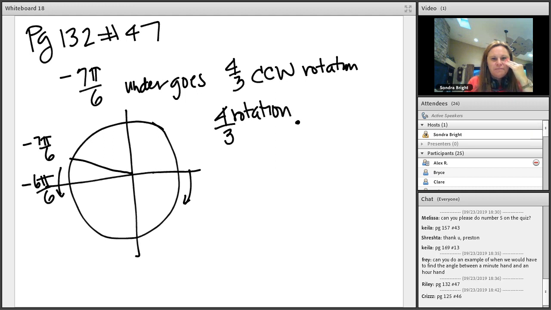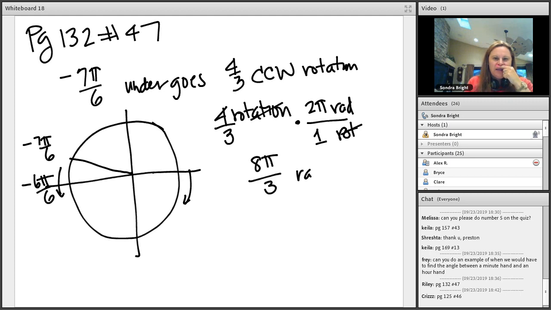All right, so now I'm going this way, and I want to convert 4/3 of a rotation to radians. In one rotation, that's 2 pi radians. So what is that? 8 pi over 3 radians is what you're adding to negative 7 pi over 6, counterclockwise, so we're going in the positive direction.